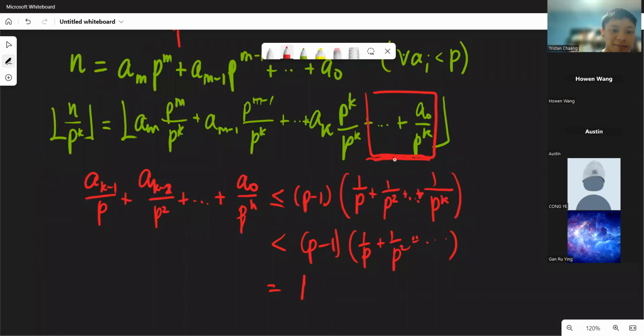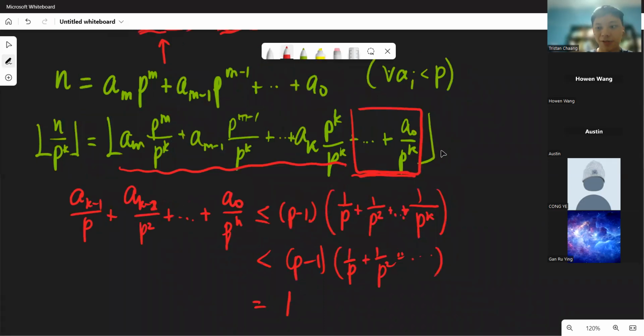So in fact, every single remaining term here in the red box is less than 1. But at the same time, everything in front of it is an integer, right? So this is just an integer plus a number between 0 and 1. So the floor of n over p^k is also quite easy to find.